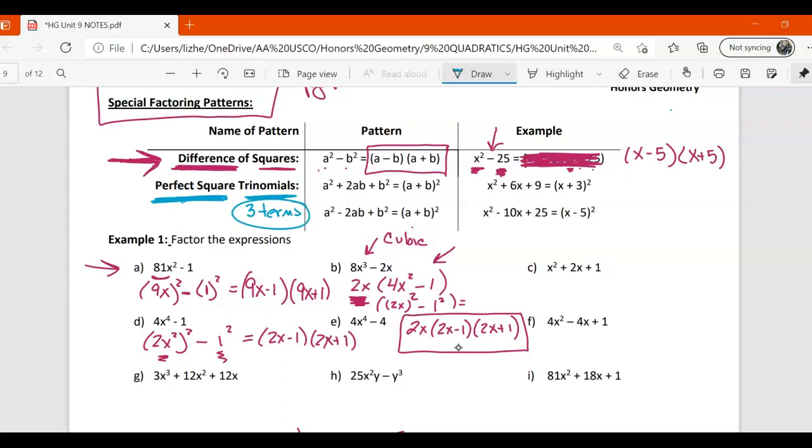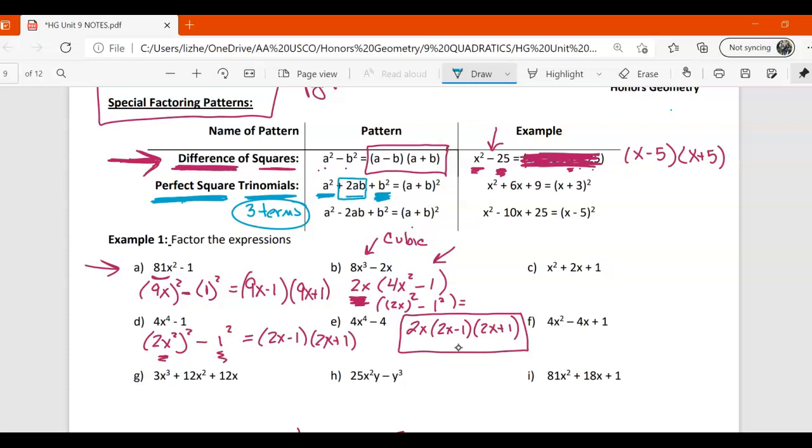So right here, we have a perfect square trinomial. We have 3 terms, 1, 2, 3. So it's a trinomial, and the first term is a perfect square, and the last term is a perfect square. And the way you check if it's a perfect square trinomial is that this middle term is very important.